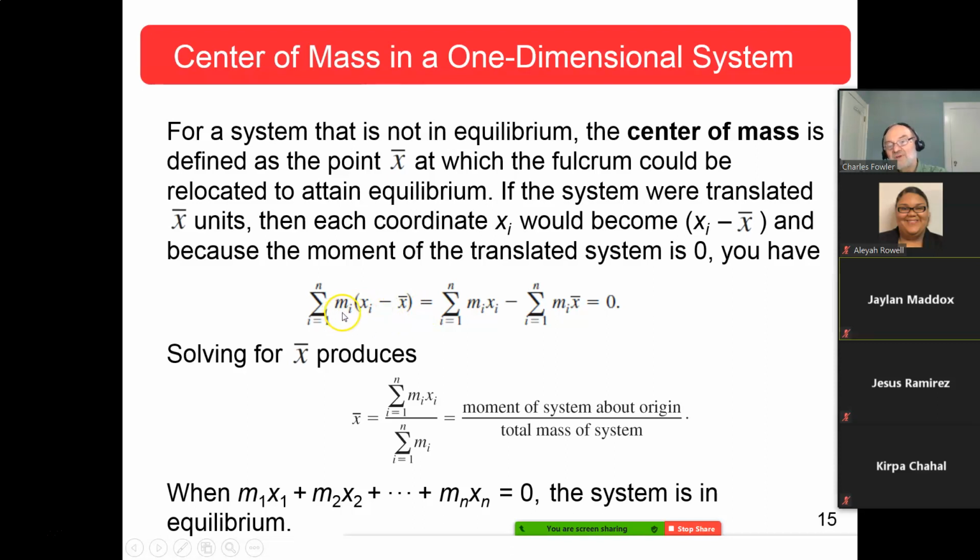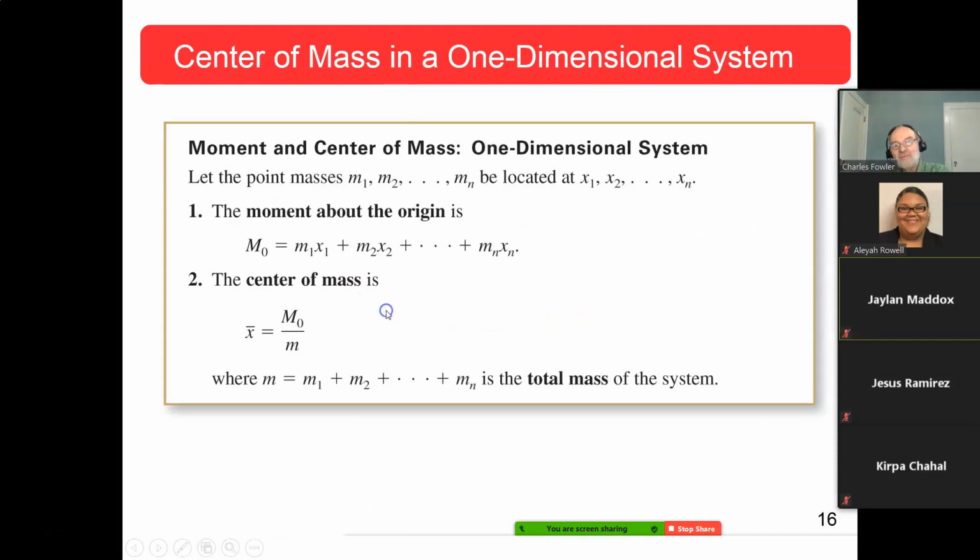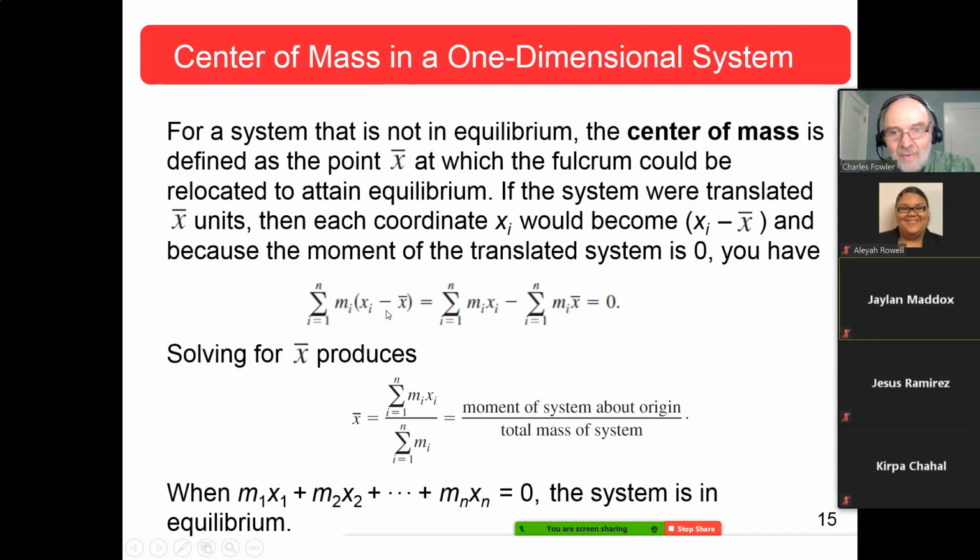The product of m, which is always positive, times your difference in x, which may be positive or negative, then this would be the summation from 1 to n of m sub i x sub i minus m sub i times your x bar. And that's got to be 0. If that was 0, then this is also 0.